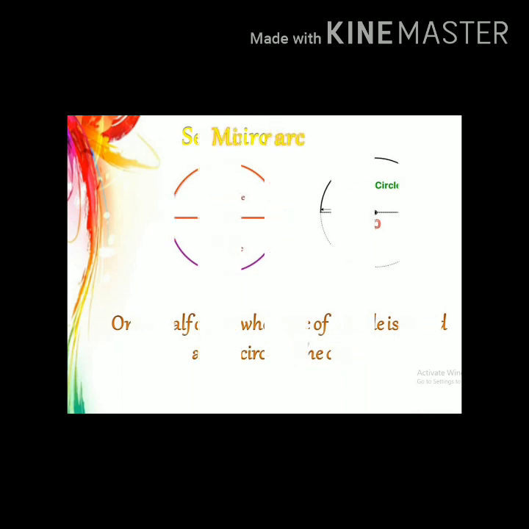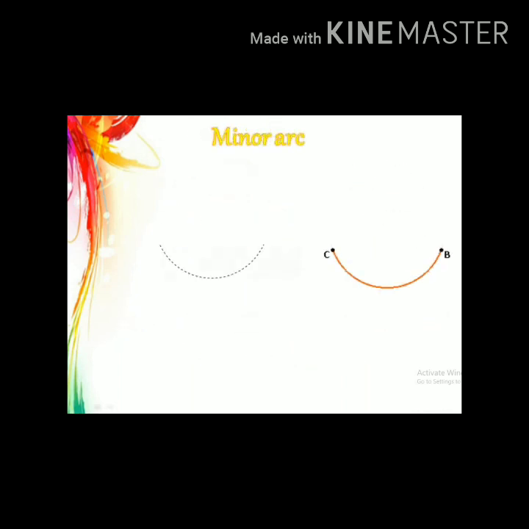The next is minor arc. You can see in this figure that a small portion of the circle is drawn in red color, right? It's a part of the circle, and we know that a part of the circle we call an arc. It is a small portion of the circle, right?